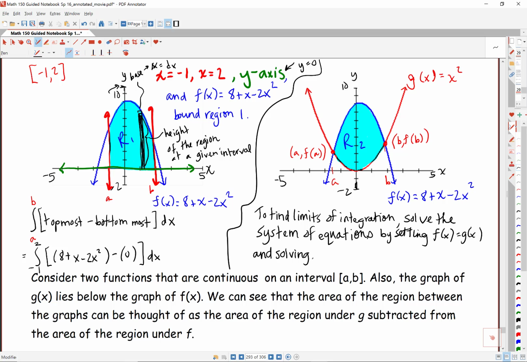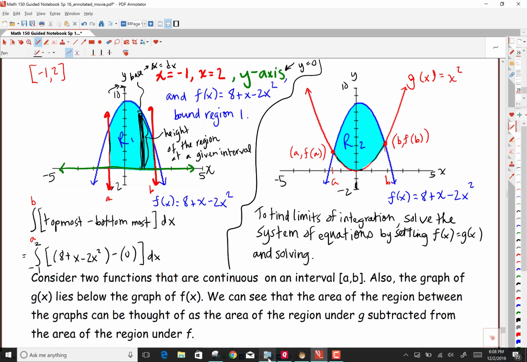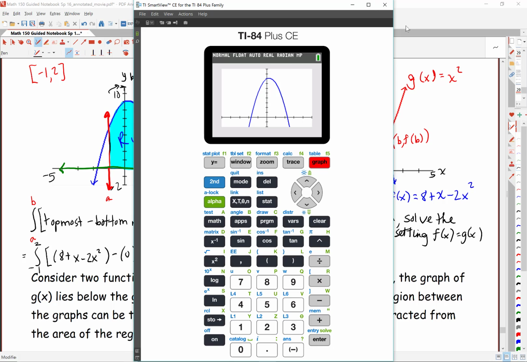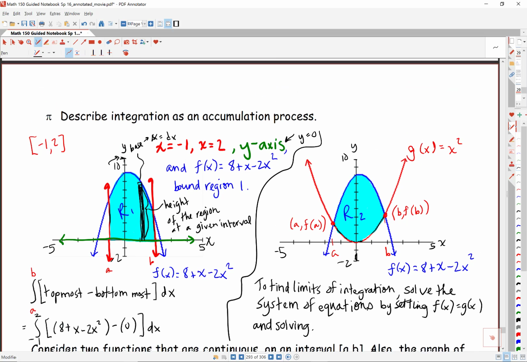So here, let's see what those limits of integration would be. If we go back to our calculator, and actually we could probably just solve these by hand. I didn't really leave space for it. Let's go up here. So here we go.